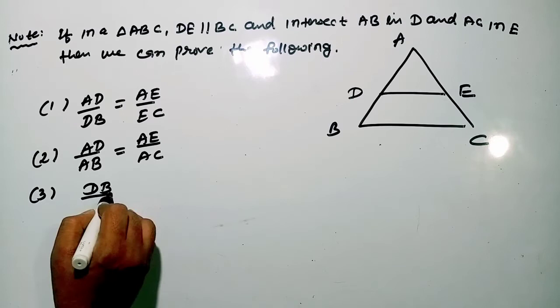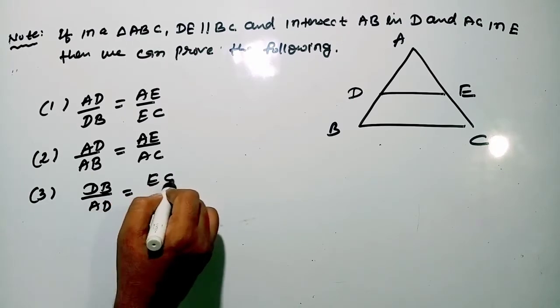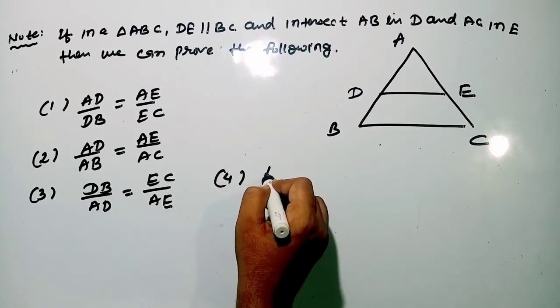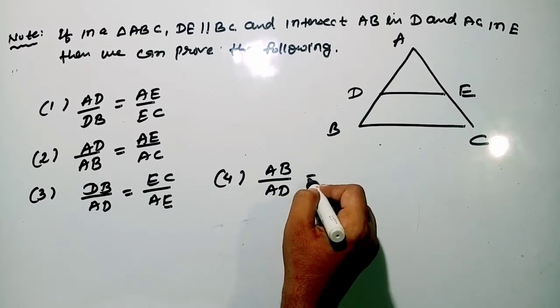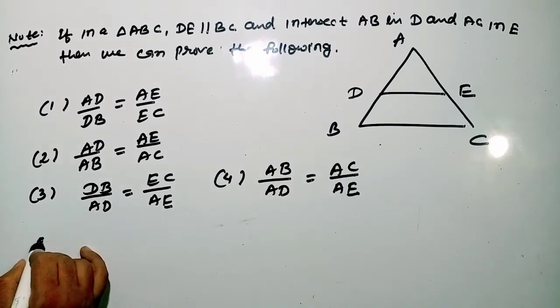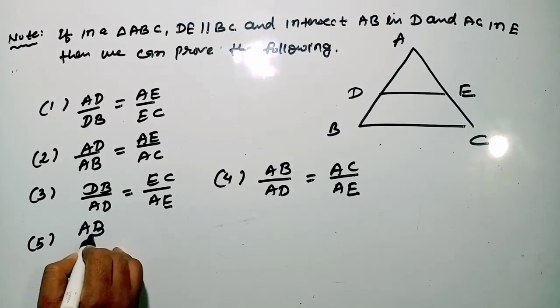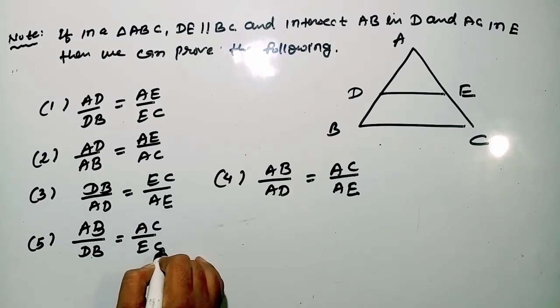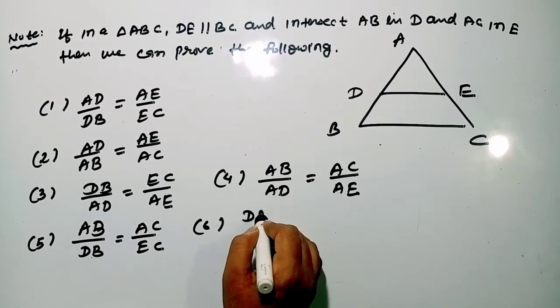Third, DB upon AD is equal to EC upon AE. Fourth, AB upon AD is equal to AC upon AE. Fifth, AB upon DB is equal to AC upon EC.